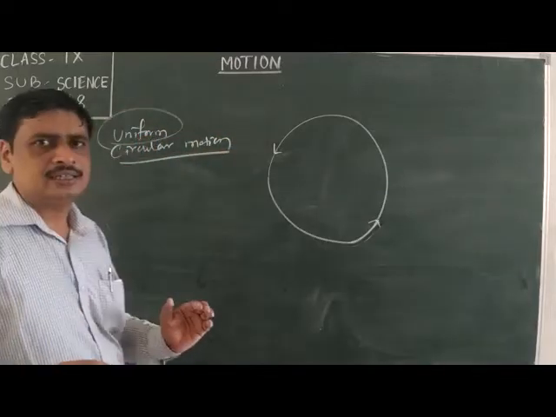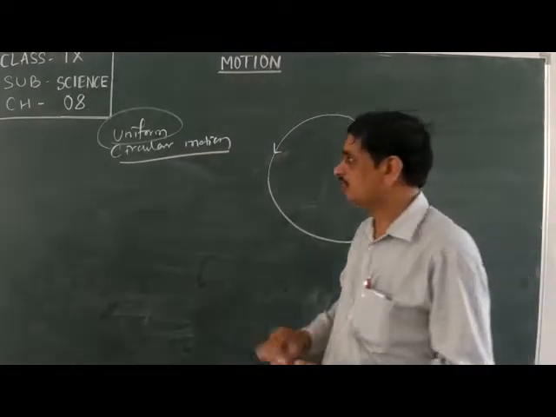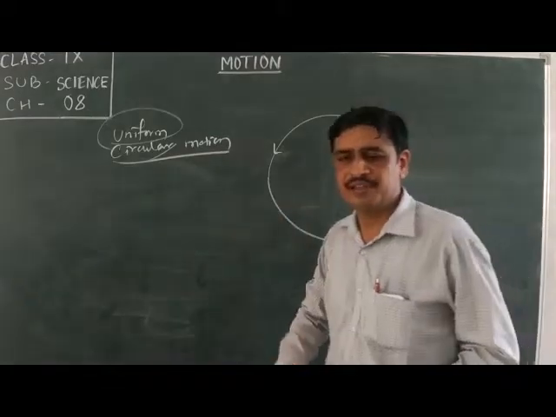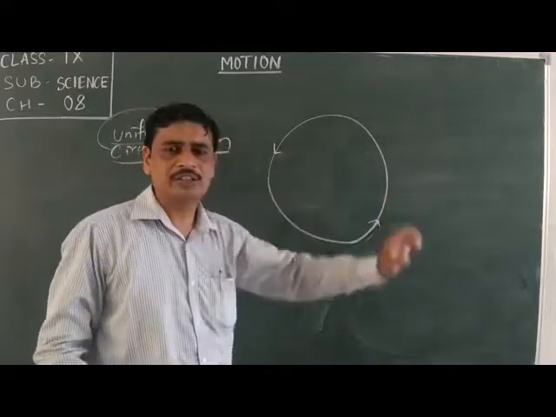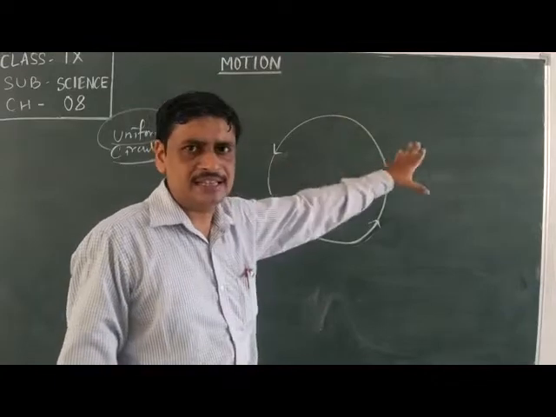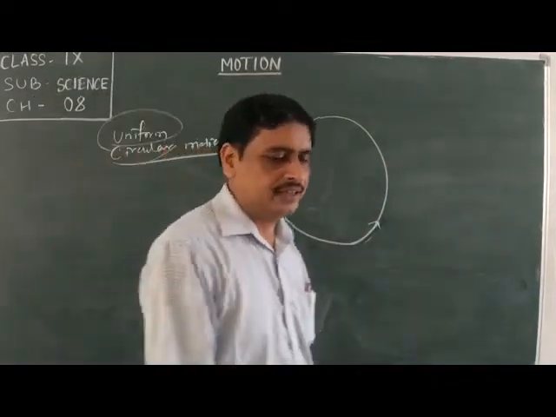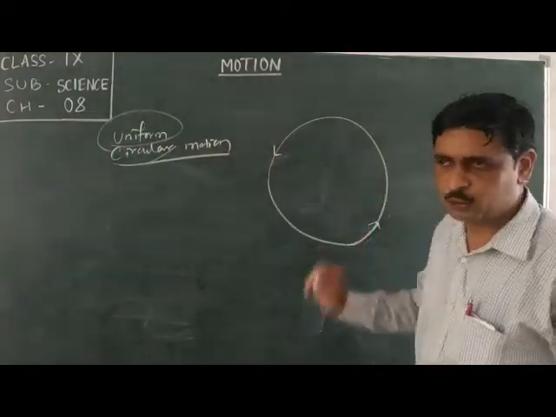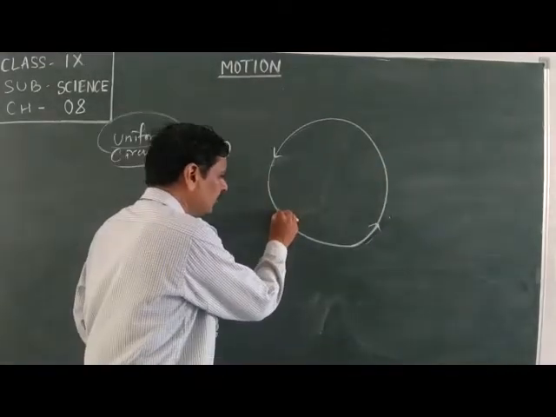Uniform means the speed of the body is constant. Circular means the body is moving in a circular path. Whenever a body moves in a circular path with a constant speed, then the motion of the body is called uniform circular motion. At every point the direction of the body will change.